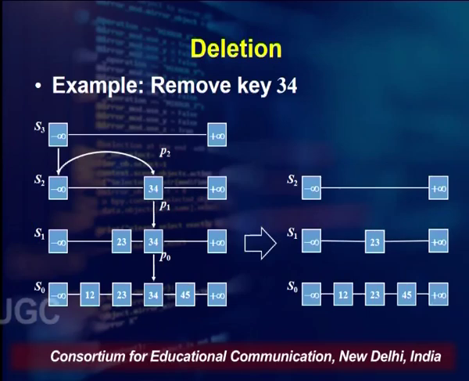Now 34 is the only element on the second top level. So after removing 34, your S3 and S2 both are having only 2 special elements, minus infinity and plus infinity.